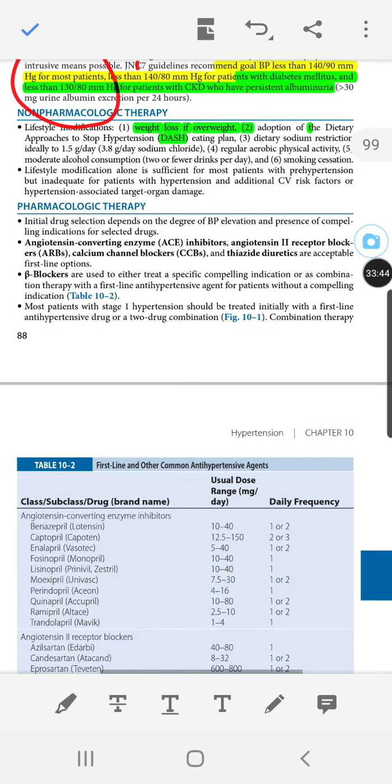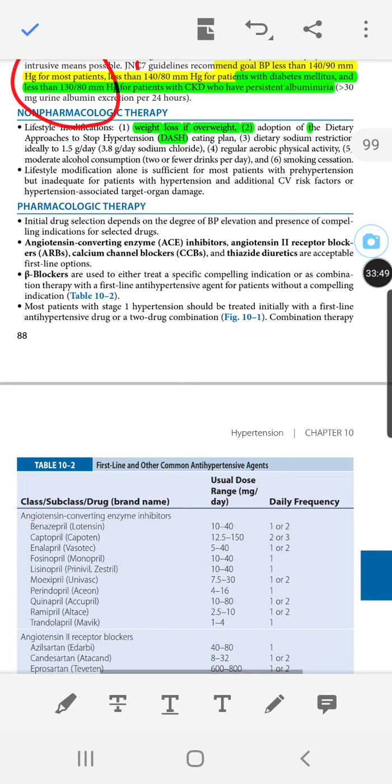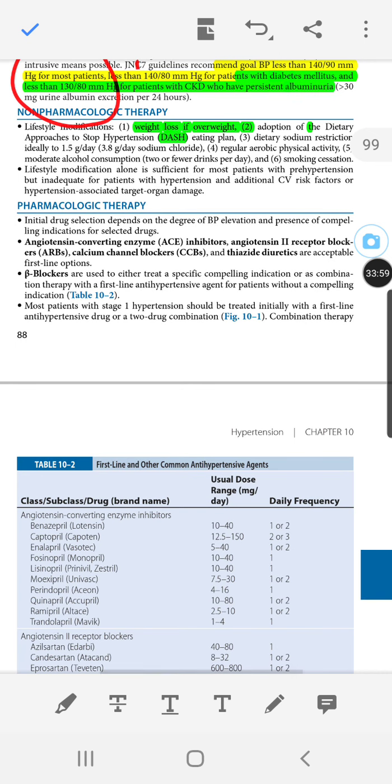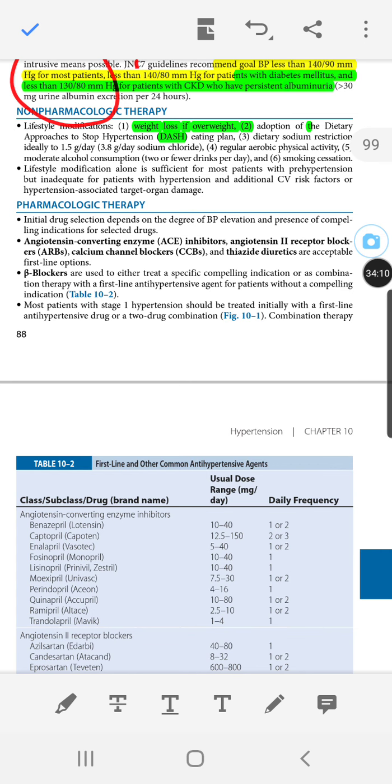So these are the non-pharmacological measures, like lifestyle modification. They are very important. Even without medication, you can control your hypertension, and it is the first step for your health. So there should be weight loss, the DASH plan, a restriction of sodium intake, a low level of alcohol consumption, and smoking cessation.